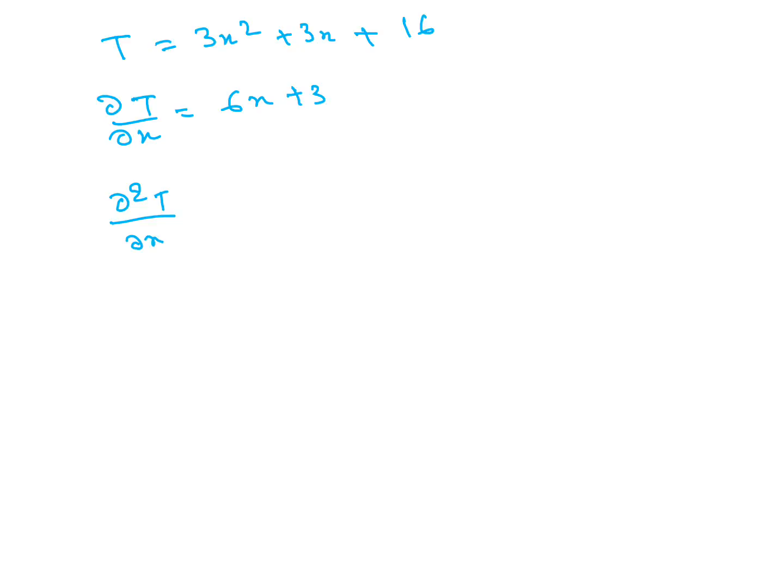T is 3x square plus 3x plus 16. So del T by del x, first derivative is 6x plus 3, second derivative is 6. So we will put this value in that formula.